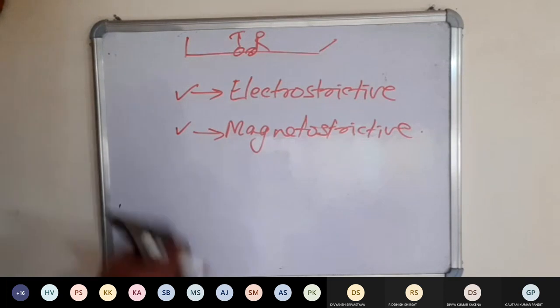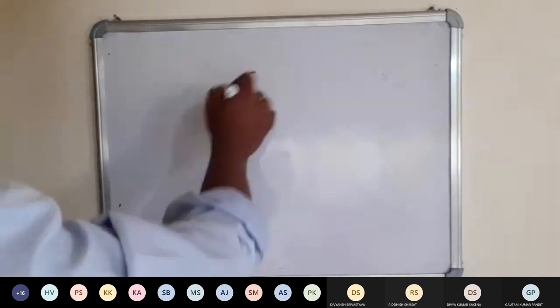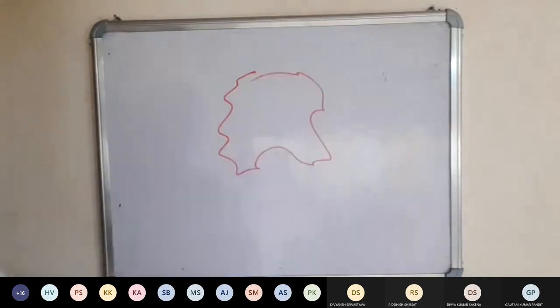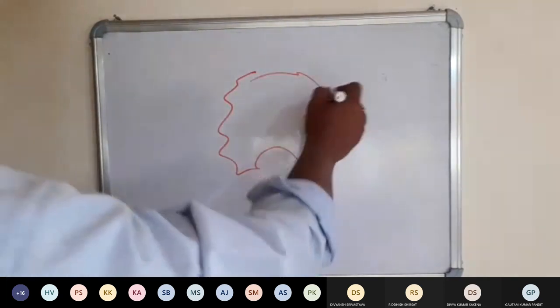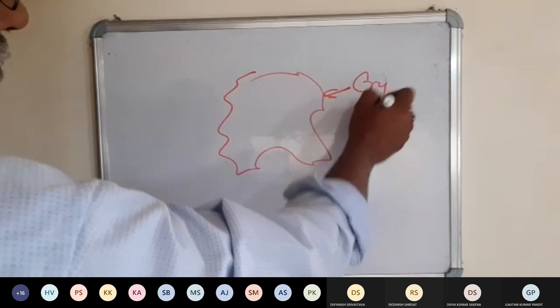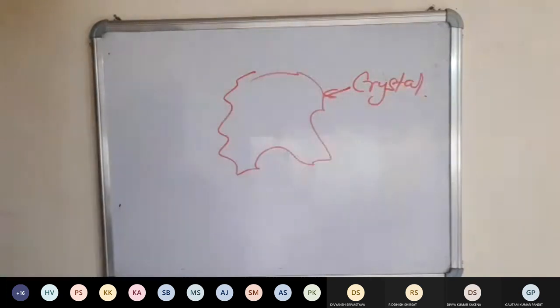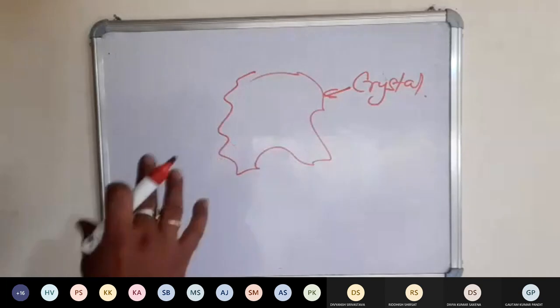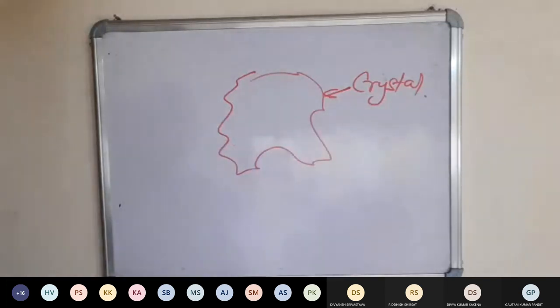First, we'll talk about electrostatic transducer. Electrostatic transducer is using a piece of stone. The stone, which is known as crystal. Crystal is a stone or something similar, which has got a very specific kind of molecular arrangement. एक खास arrangement होती है सारे molecules.